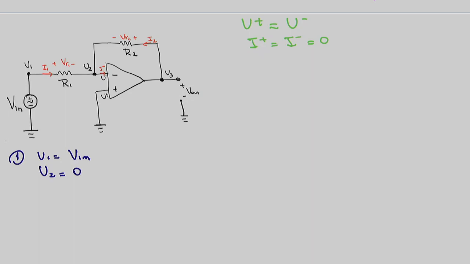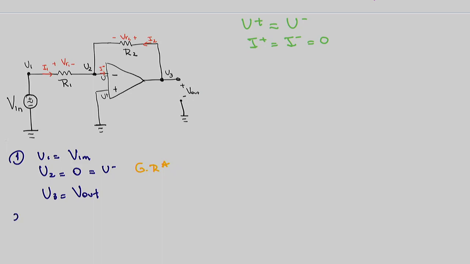Why is U2 0? Because it's U minus, golden rules. Next, what is U3? V out. First step done. We got our voltages figured out.